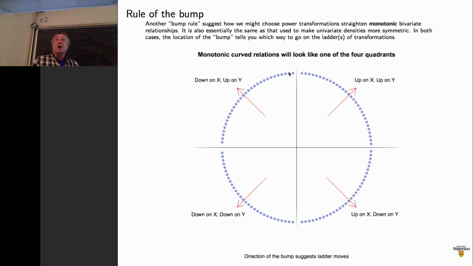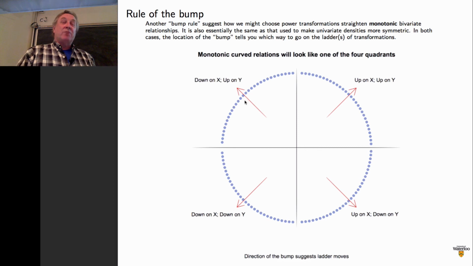And so now the mnemonic is, if you think about which one of these four pieces corresponds to what you're viewing in the scatter plot, think about where this bulge, where this bump is pointing. This bump is pointing in that direction. That direction is down on the x-axis, up on the y-axis.